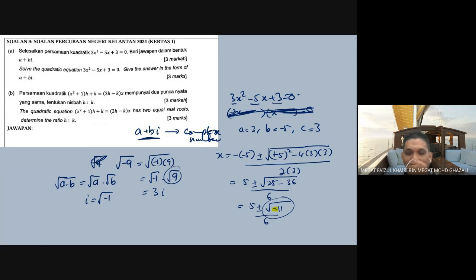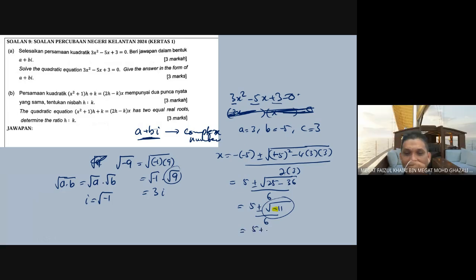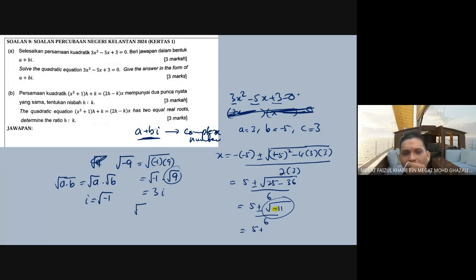So what can you predict here? 5 plus minus 3i over 6. Square root of negative 11 is square root of negative 1 times square root of 11.